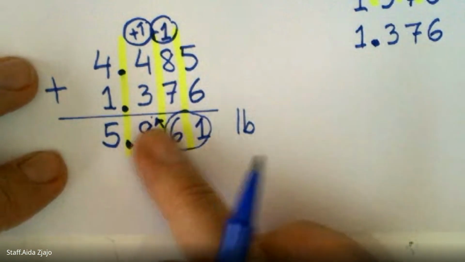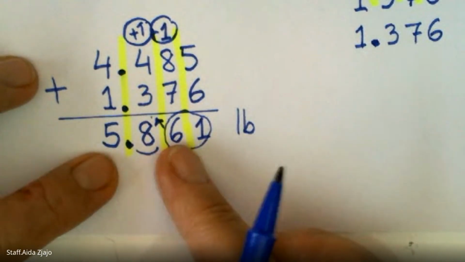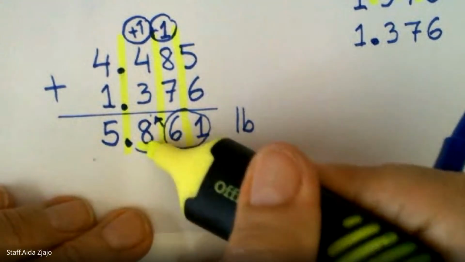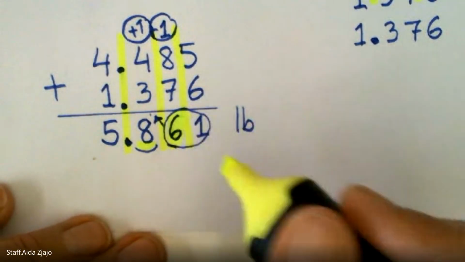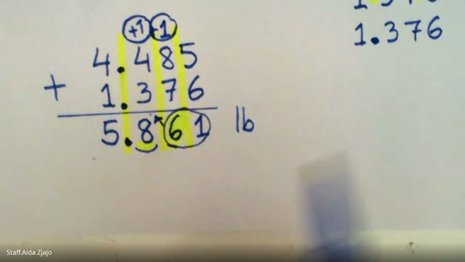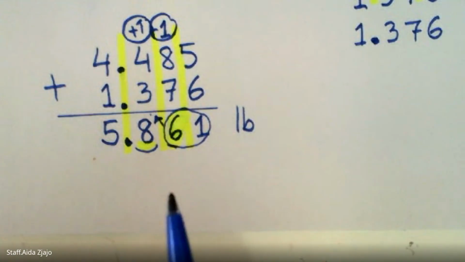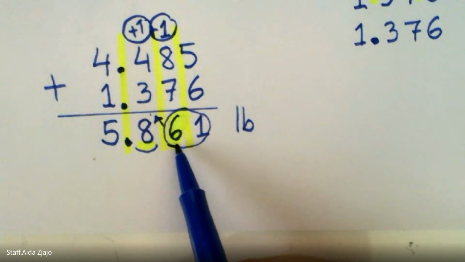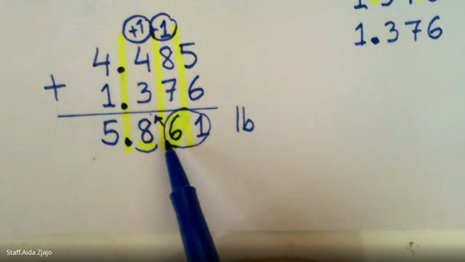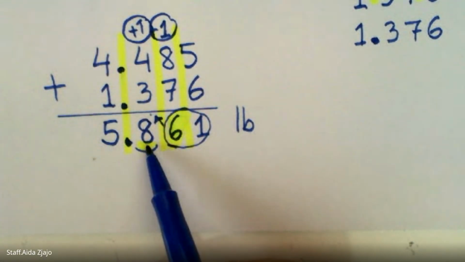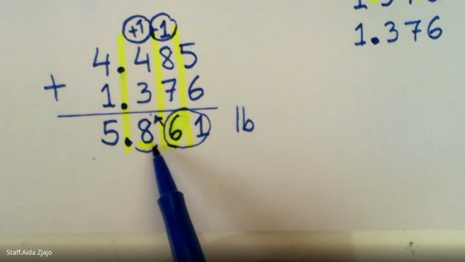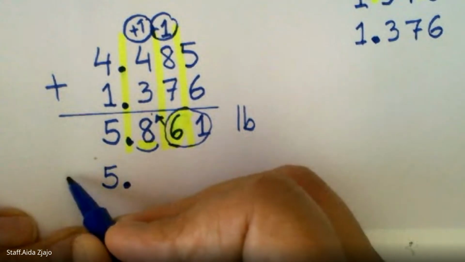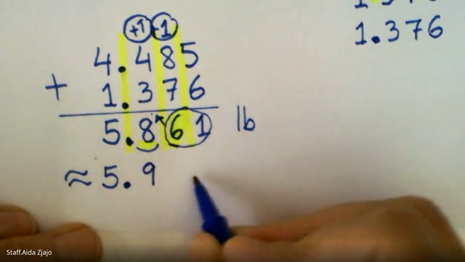So if I round this 5 and 861 to the nearest tenth of a pound, I look how much more I have. I have 61 thousandths more. Or if I look just at 6, that is 6 hundredths. I need 10 hundredths to make a tenth. So I have a 6, I have more than half, so I can pretend that this is about 5.9.